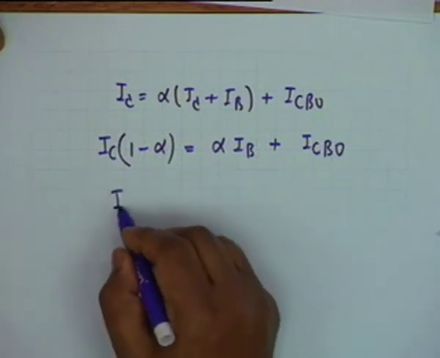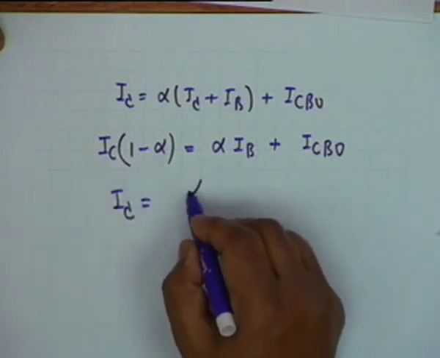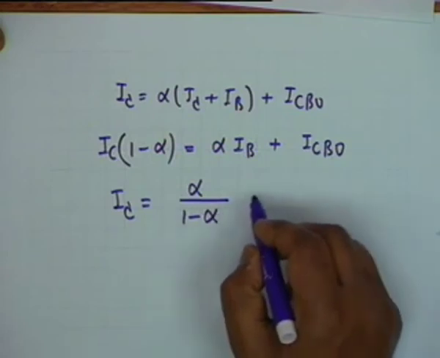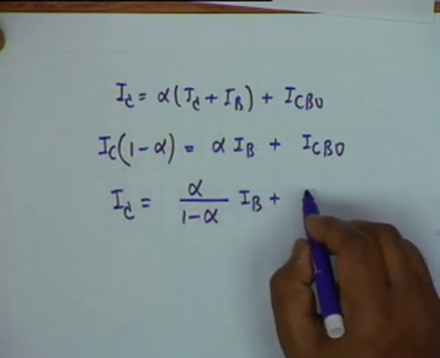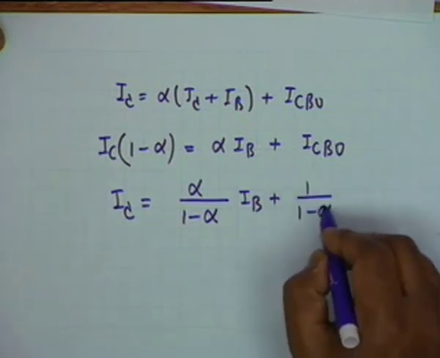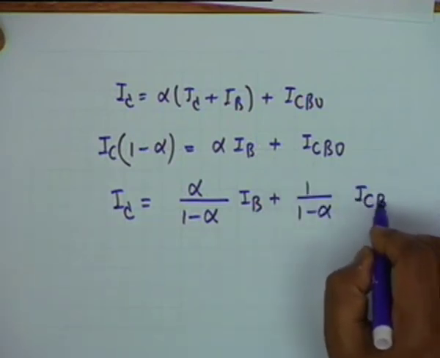All right. That means the collector current is now alpha divided by 1 minus alpha times I sub B plus 1 by 1 minus alpha times I sub CBO.